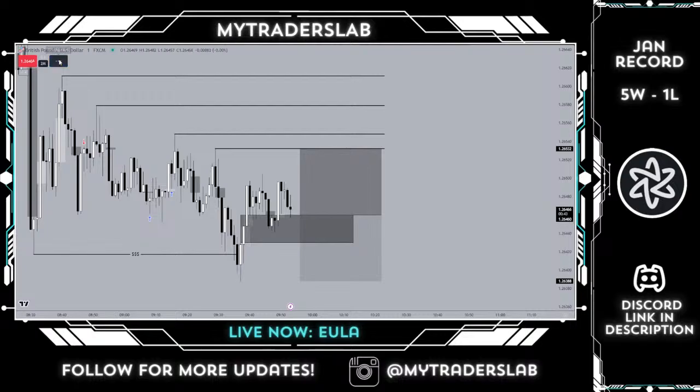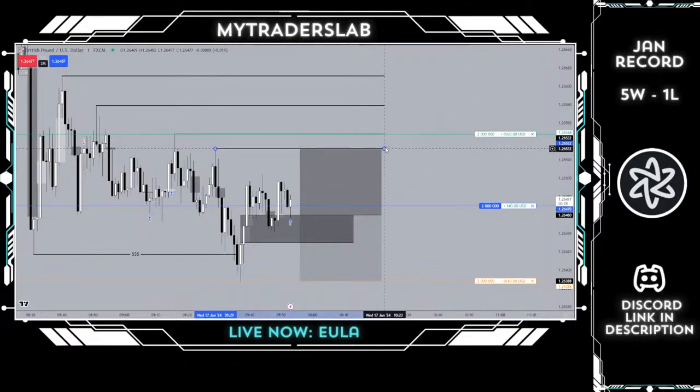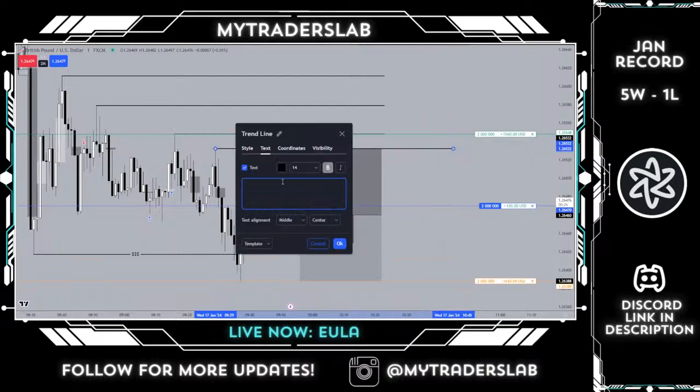Oh, okay. Didn't give me the best entry. Move my stop loss to here. I'll take profit. 50% will be taken as profit over here, and then stops will be moved to break even.